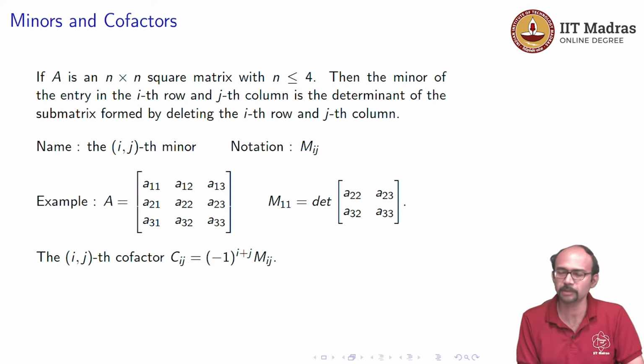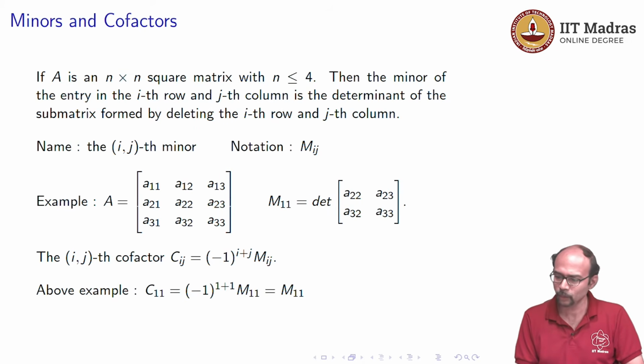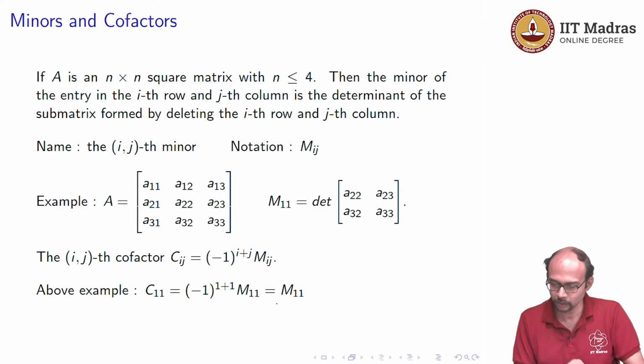Okay. So, it is the same number, but it could be with a minus sign depending on what is i and what is j. Okay. So, for example, C11 is just (-1) to the power 1 plus 1, which is (-1) to the power 2. So, (-1) squared is 1 times M11, which is just M11. Okay.